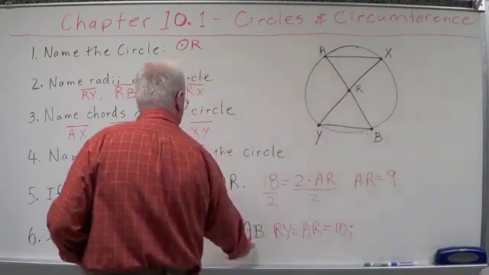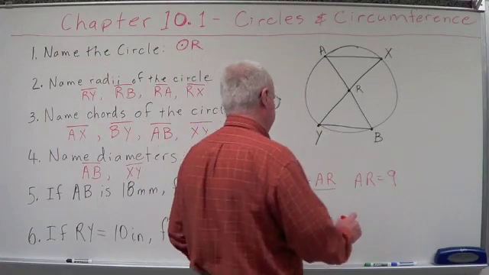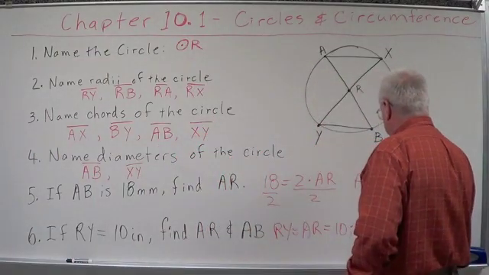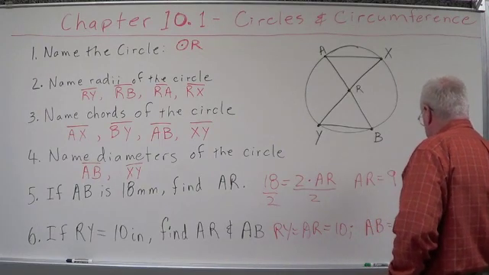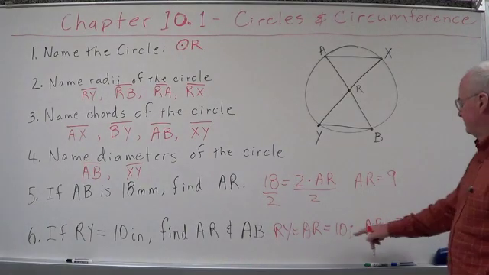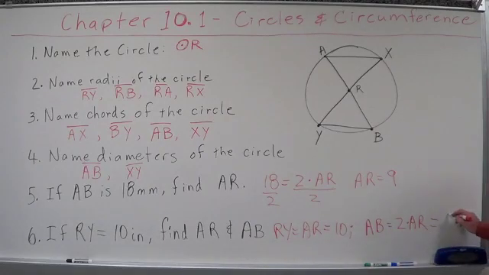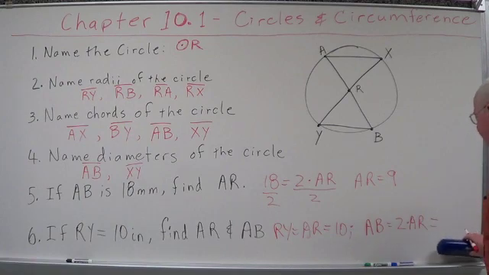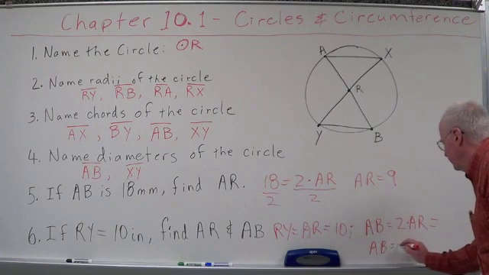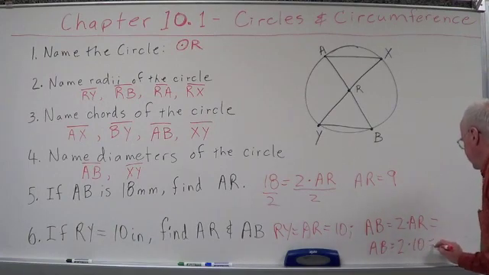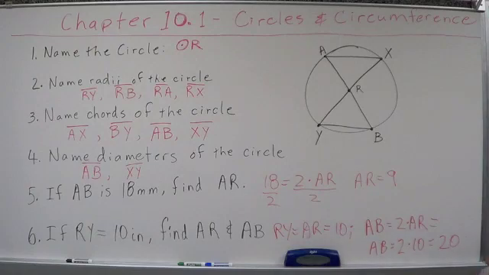And AB is twice AR, so AB equals 2 times AR, which equals 2 times 10, which is 20. Pretty simple stuff. Fairly easy to do.